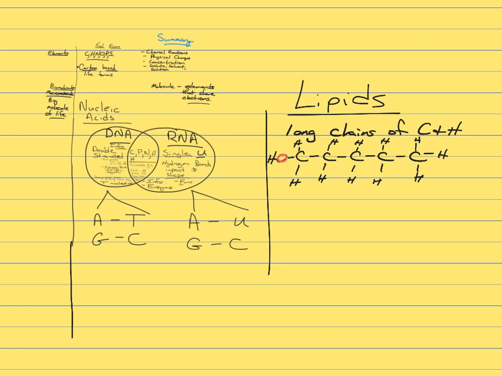Those are lipids. So the types of lipids, and some people have already mentioned them, there's fats. There's a really important one that we talked about a lot, is phospholipids. And then there's another big one that we call steroids. And the steroid that we really focused on is a big one called cholesterol.